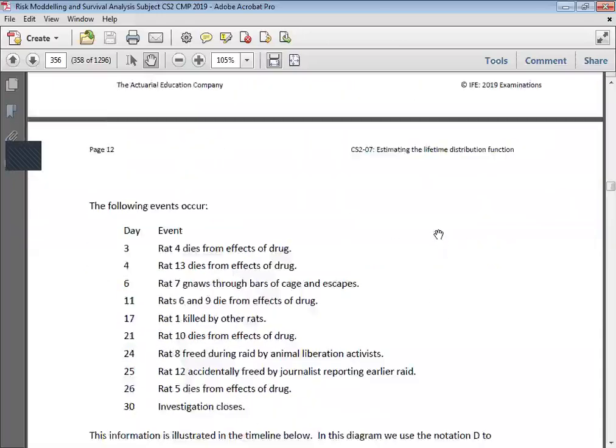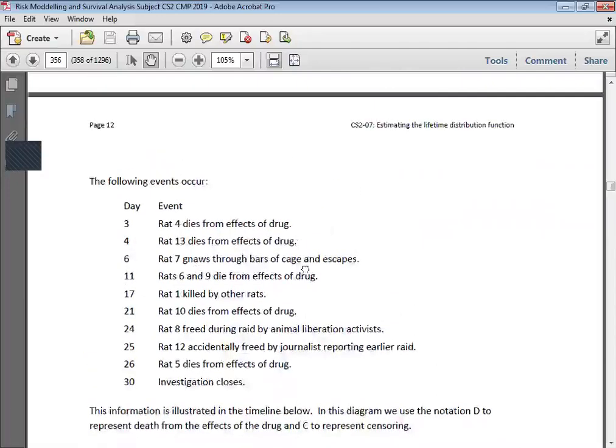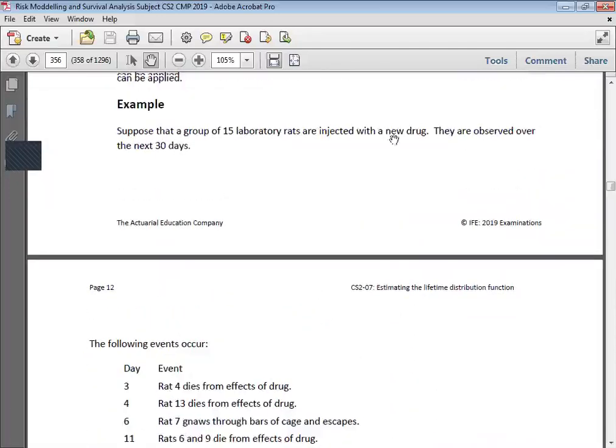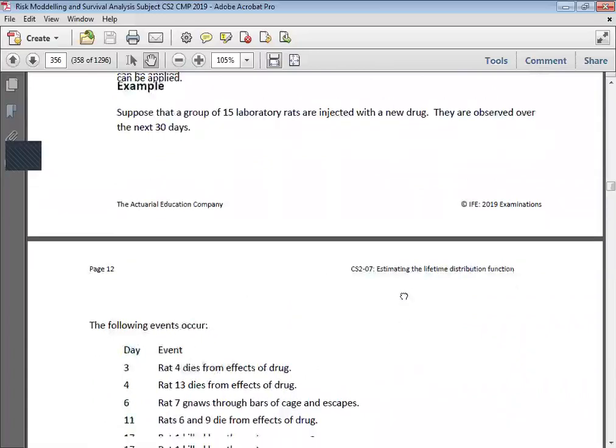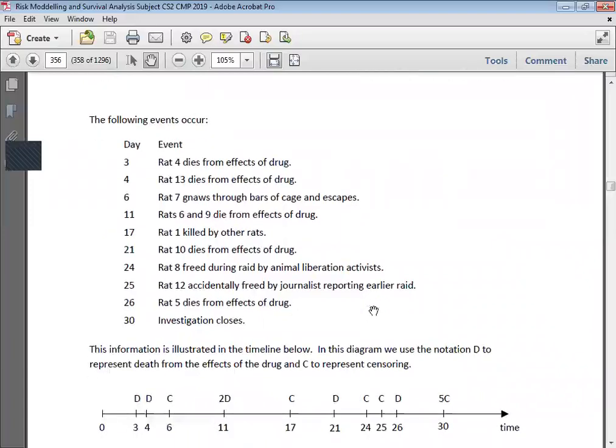Now these are the events that have occurred during the days when we were observing the rats. Here we have labeled rats: rat 1 represents rat 1 and so on. On day 3, rat 4 died from the effect of the drug. Remember, what we care about is what happens when you inject a new drug into these rats.